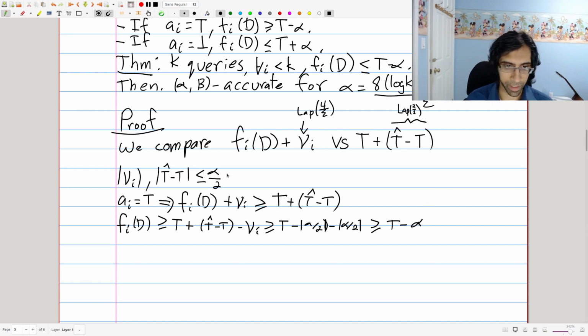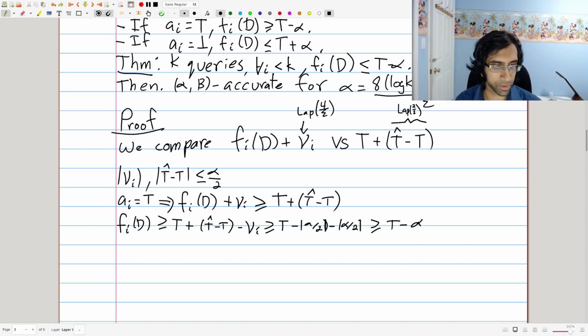Remember, both of these hold because we're conditioning on the event that their magnitudes are less than alpha over 2. So if it outputs a_i equals top, then the query itself is greater than T minus alpha. Good, that's exactly the type of accuracy guarantee you want.